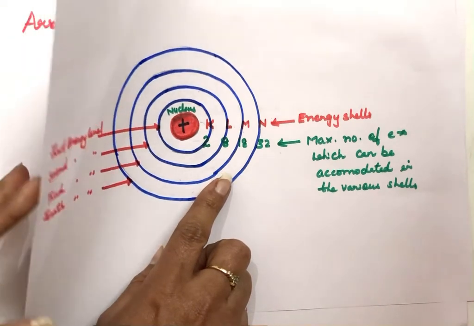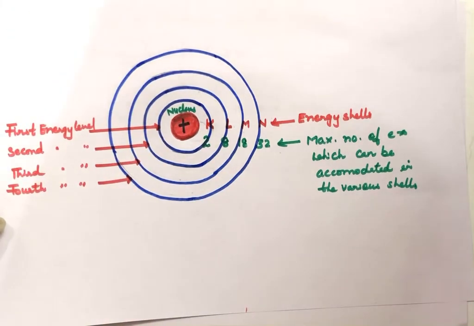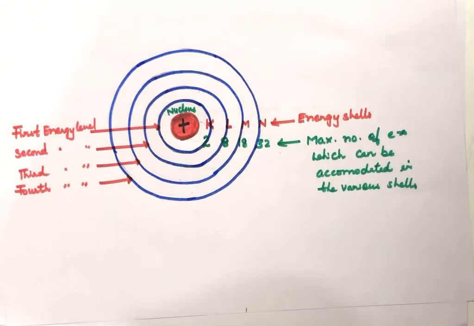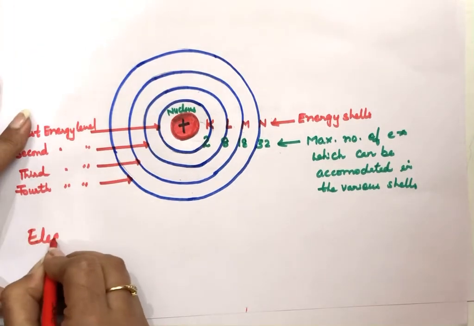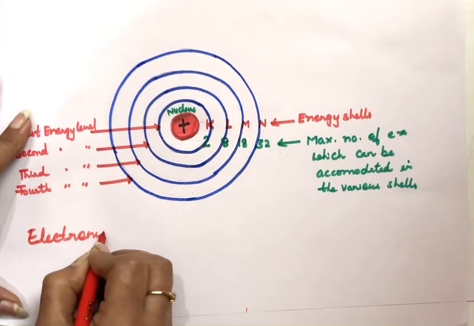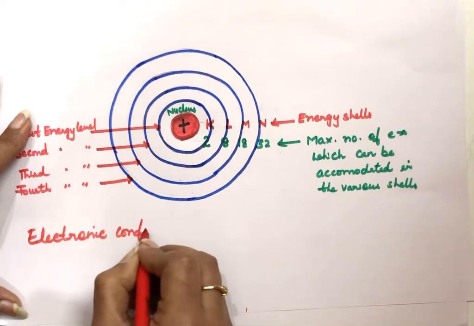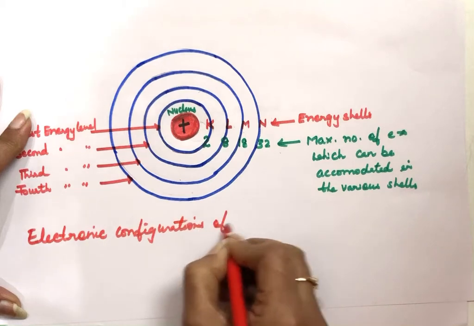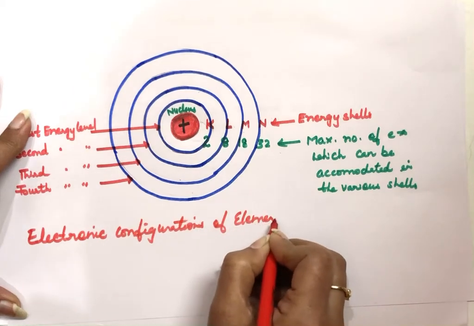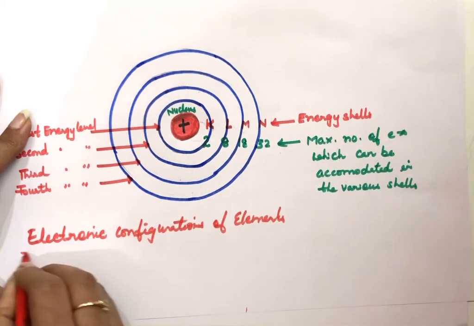So our next topic is the electronic configuration of elements. Electronic configuration means this arrangement of electrons in an atom.